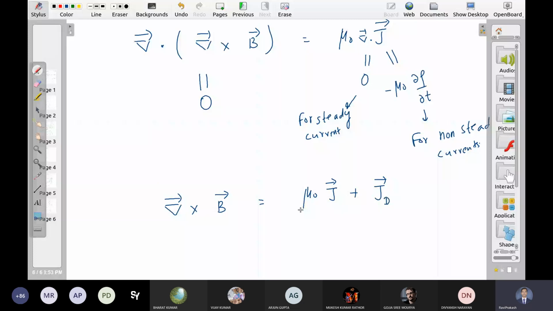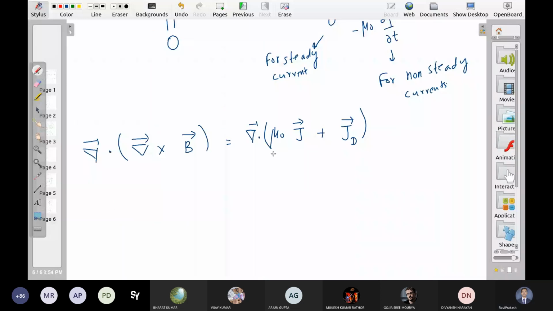Divergence इन दोनों साइड में लेंगे. Divergence on this side as well. Let me check this JD. So what we get on this side?